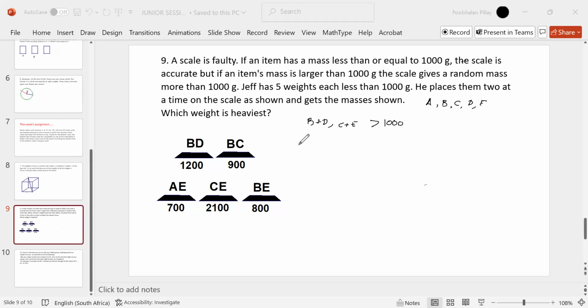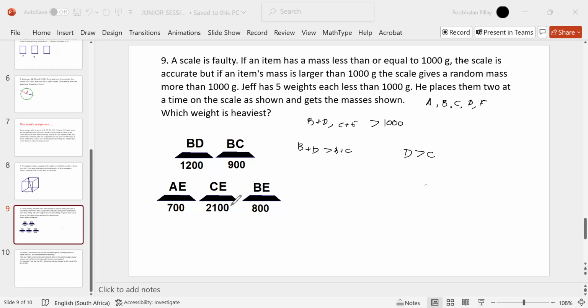So you got B plus D must be greater than B plus C. And so if you remove B, because this is more than 1,000, in other words, D is bigger than C. So if you look at these two, you can remove the B, and you'll have D is greater than C.